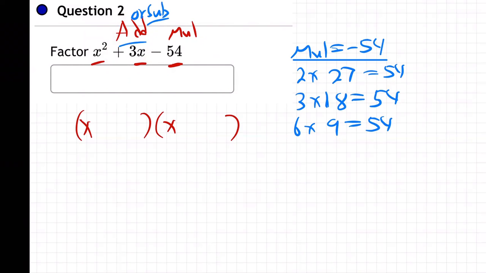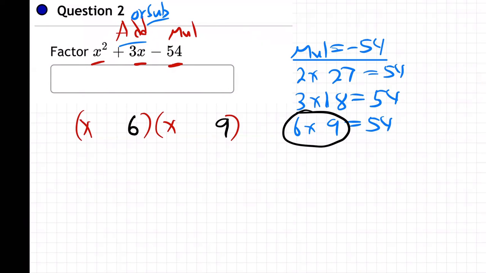Well, because adding a negative is really subtracting, isn't it? So when I say the middle comes from adding, I mean adding or subtracting, because it could be a negative. So again, getting back to the question, which of these numbers then have the ability to add or subtract to be the middle plus 3x? Well, now we see it's the 6 and the 9, isn't it? So it's the 6 and the 9 because they subtract to be 3. 9 minus 6 is 3.